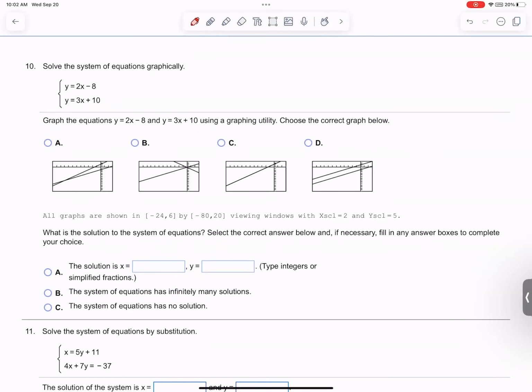So the intersection is x equals -18 and y equals -44. So it is this one, isn't it? Is it A? And we get x is -18 and y is -44. Okay.